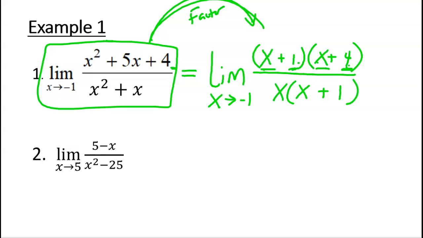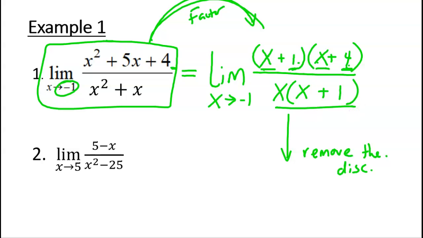All right, now what? Now we're going to remove the discontinuity. Now, what does that mean? Well, remember how I wasn't allowed to plug in a -1? Well, when you write it like this, it's a little bit easier to see why. If you plug a -1 in here, that's where the 0 comes from, right? -1 plus 1 is 0.